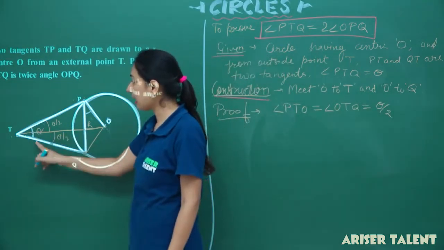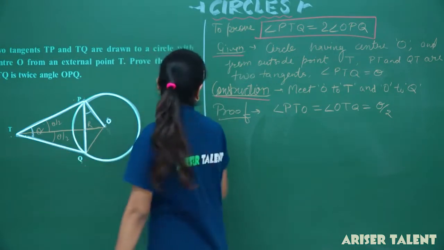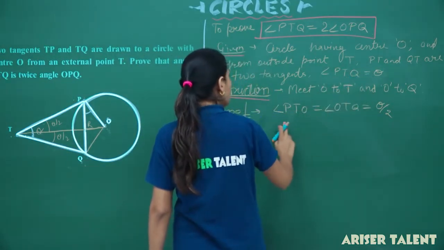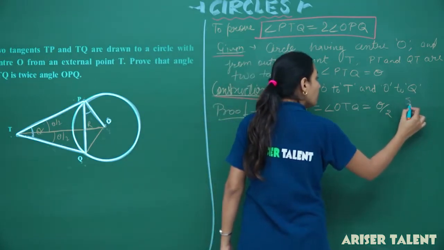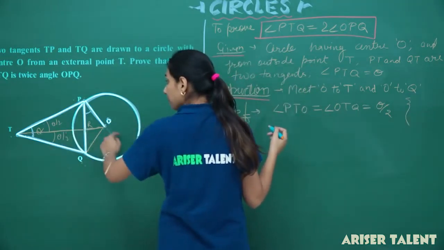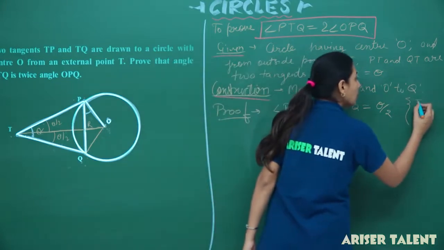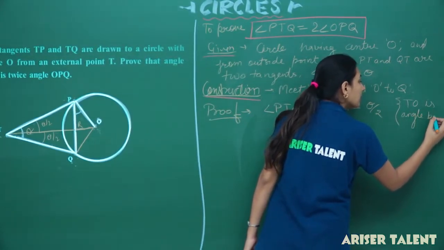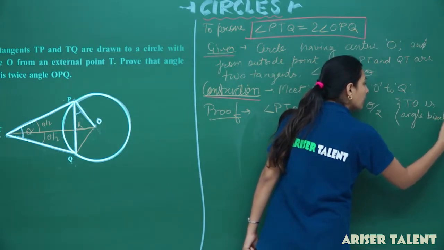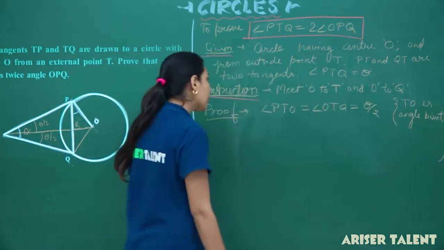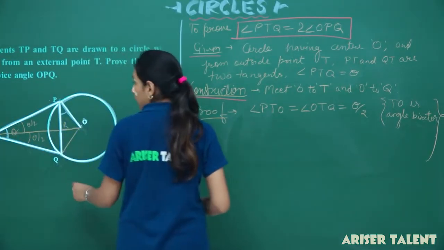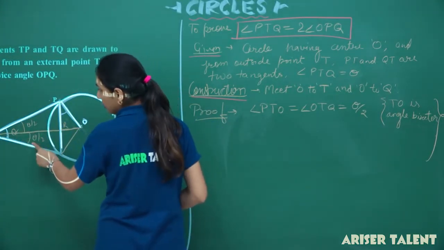If I have this angle theta, I can have this as theta by 2. Why? Because TO is the angle bisector. Is that true? So these two angles are equal, this one and this one.